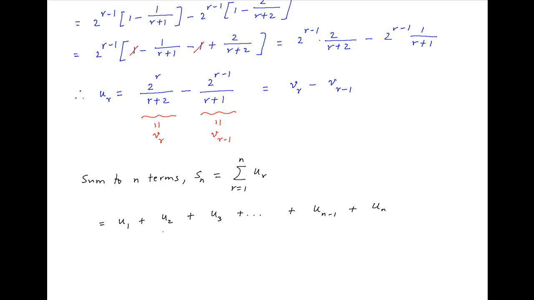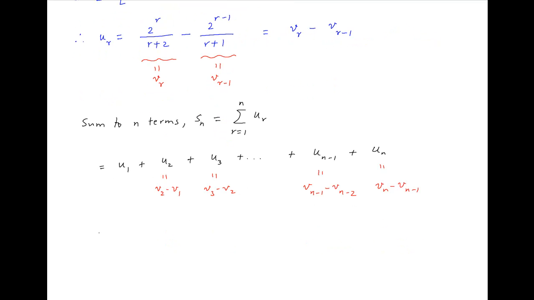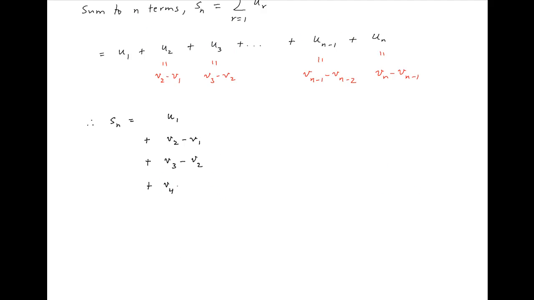Using the result obtained above, U_2 is equal to V_2 minus V_1, U_3 is equal to V_3 minus V_2, and so on till U_(n-1), which is equal to V_(n-1) minus V_(n-2), and finally U_n is equal to V_n minus V_(n-1). Therefore, S_n can be expressed as U_1 plus (V_2 minus V_1) plus (V_3 minus V_2) plus (V_4 minus V_3) and so on, plus (V_(n-1) minus V_(n-2)) plus (V_n minus V_(n-1)).